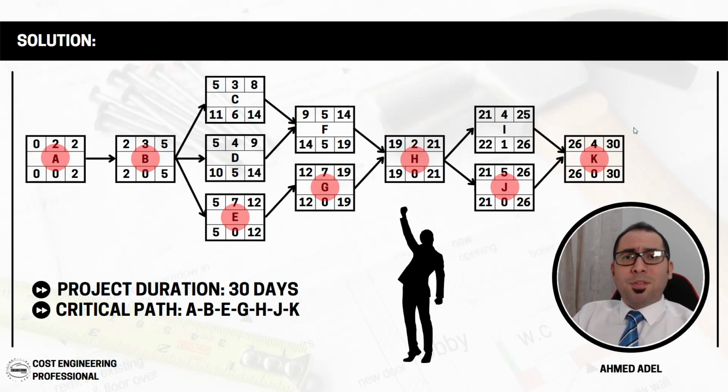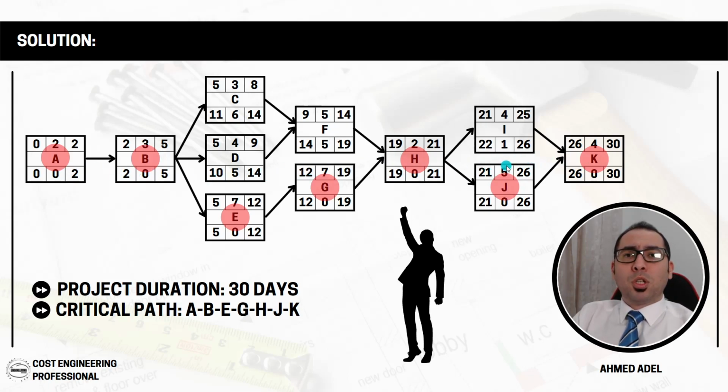And this is where Primavera actually comes in use. How many activities do we have here? 5, 7, 8, 10, 11 activities, and you see we have been talking for so long to do the scheduling for these activities, to know which of them are critical and which are not, what the critical path is, and what the project duration is. For 11 activities, it took us this long to talk about it or calculate it.